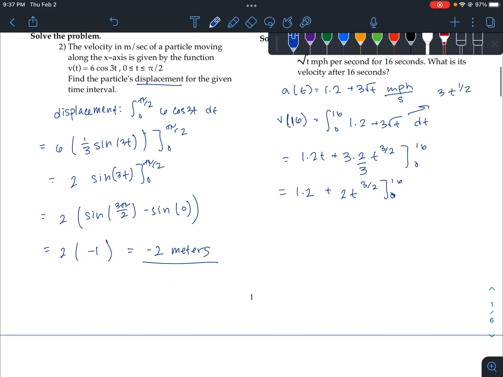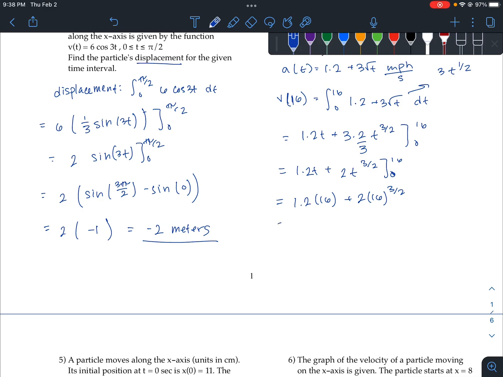So let's plug in our upper bound. Oh, I forgot my t right there. 1.2 times 16 plus 2 times 16 to the 3/2. 16 multiplied by 1.2 is going to be 19.2. And then we have plus 2 times, this is the square root of 16, and that's 4.